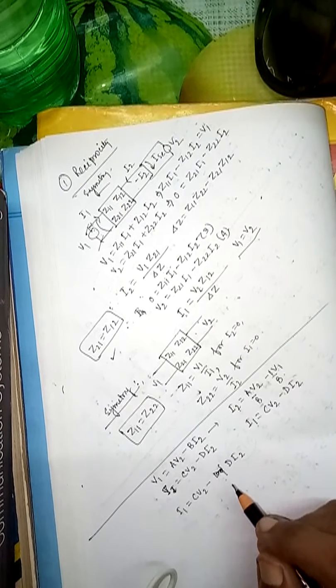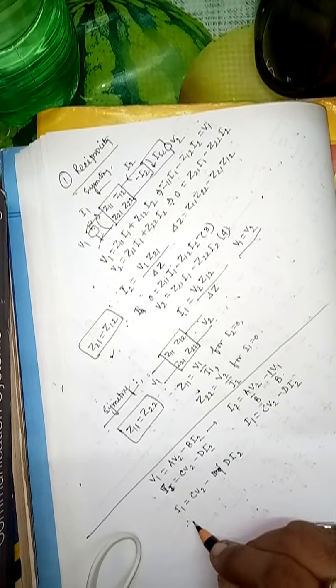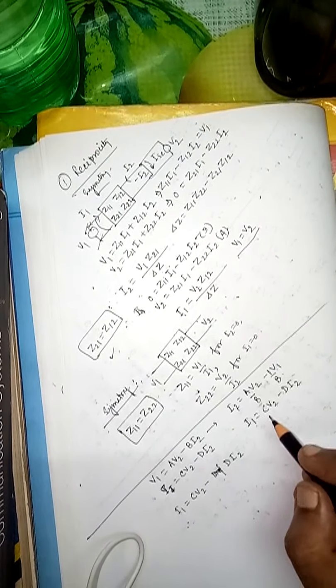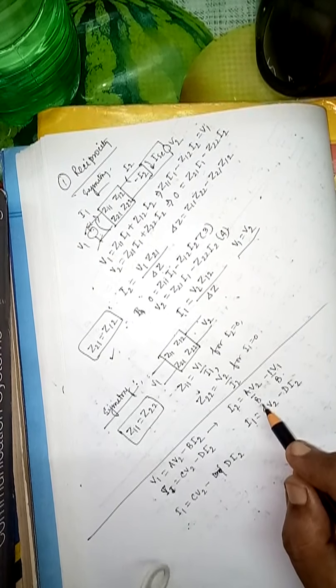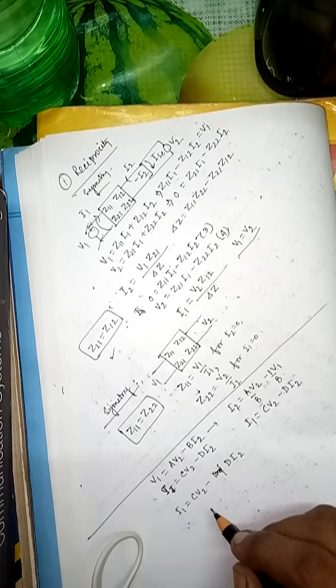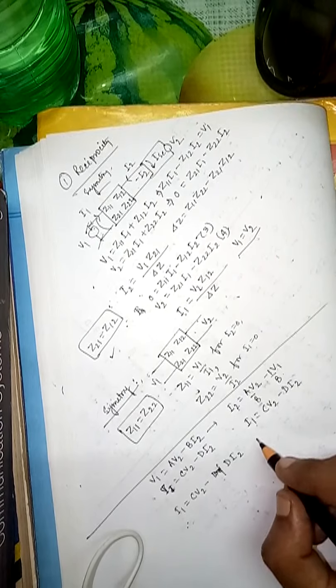So what is I2? I2 means A by B into V2, for V1 equals 0.